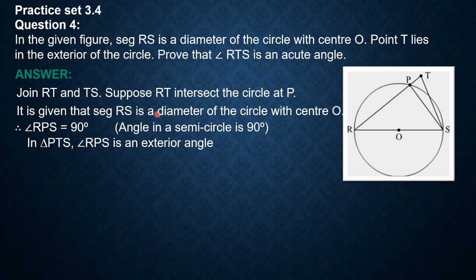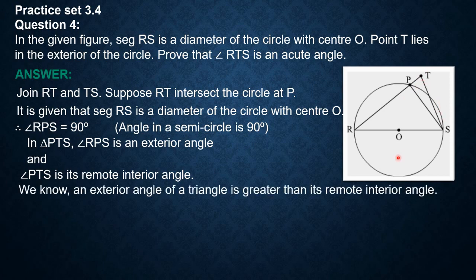Now, try to observe triangle PTS. In triangle PTS, angle RPS is an exterior angle, and angle PTS will be its remote interior angle.